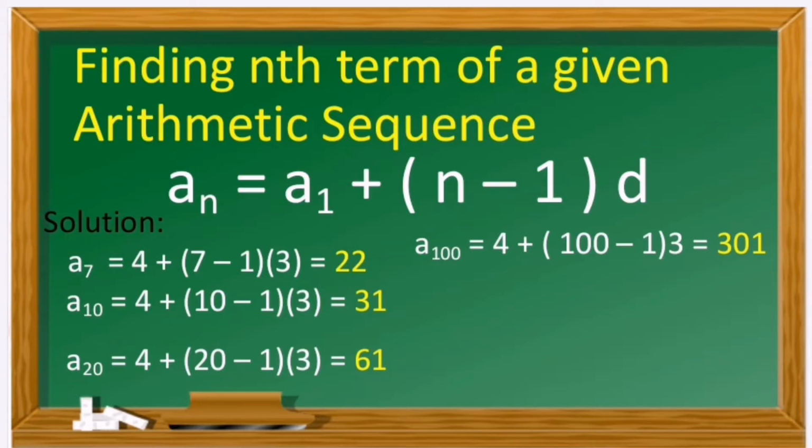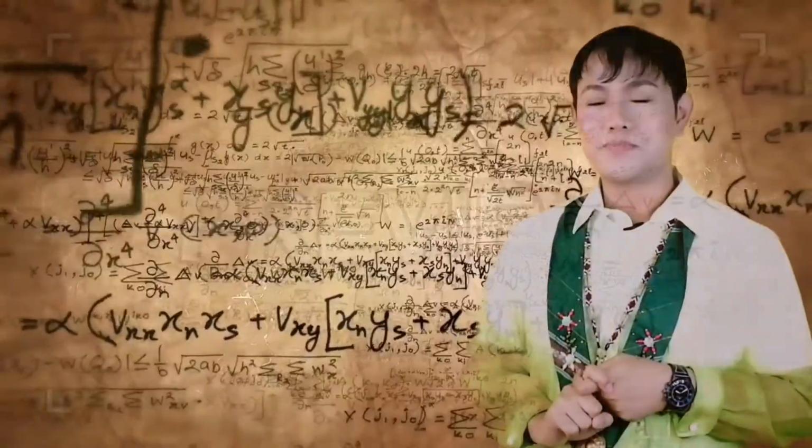How did you get the common difference of 3? Simply subtract the first term from the second term. On our given, it's 10 minus 7, and that would be equal to 3. So 4 plus 7 minus 1 times 3, you get what? Yes, you get 22.